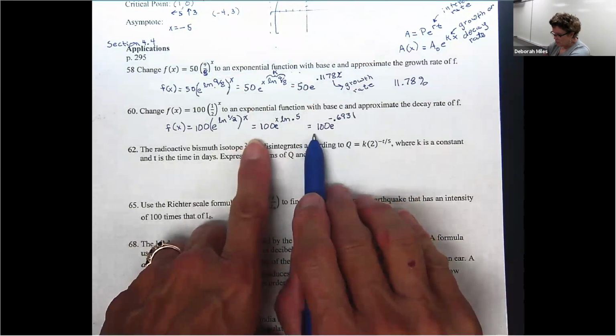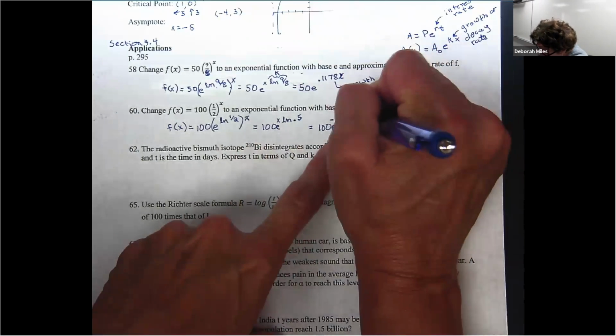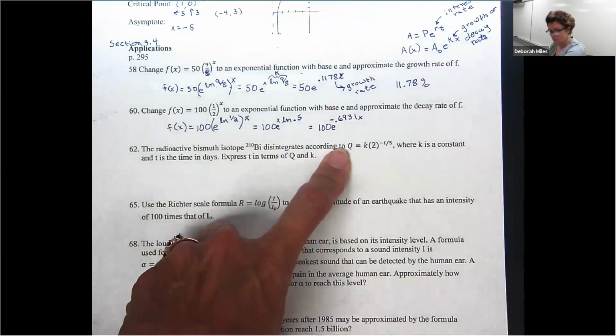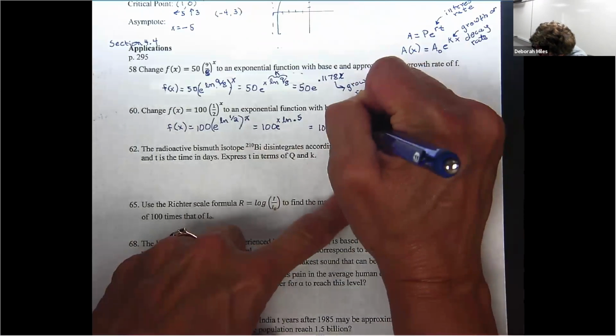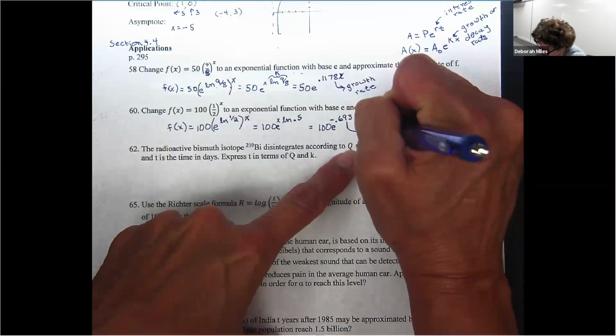So this is 100 e to the negative 0.6931 x, where that coefficient of x is my decay rate.